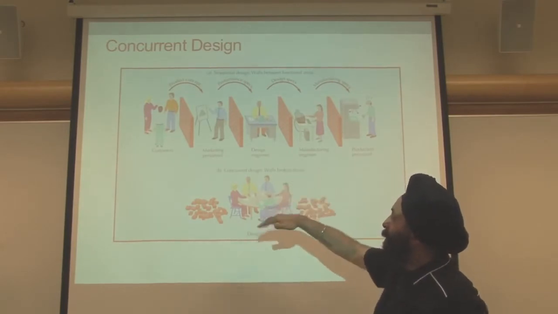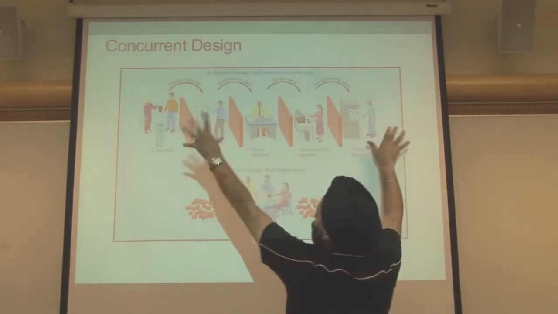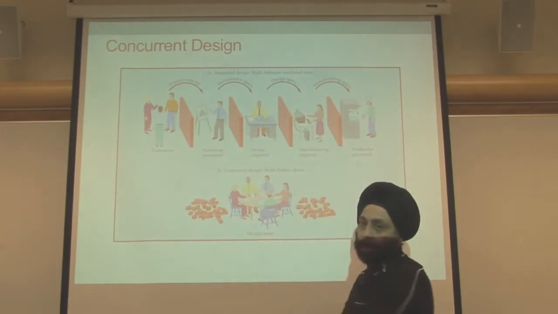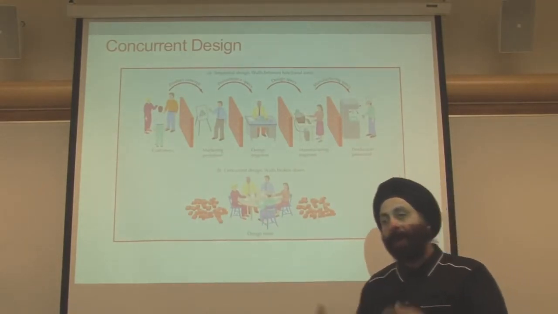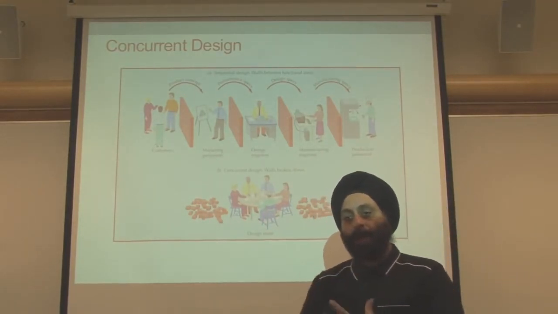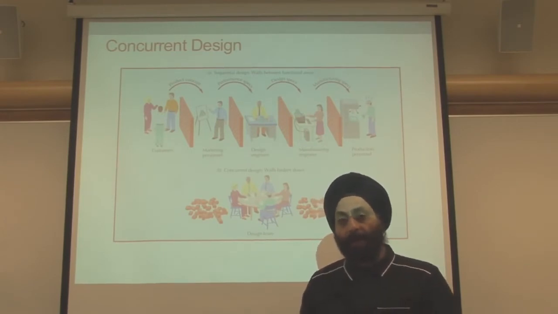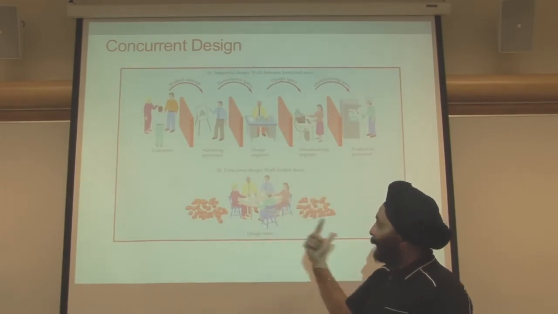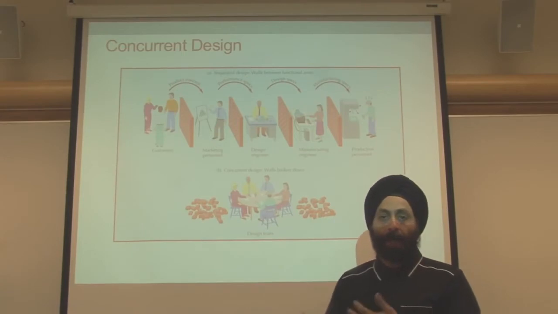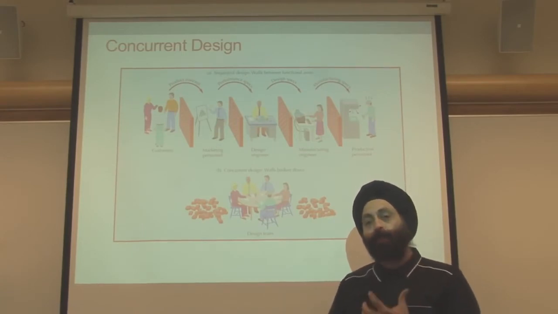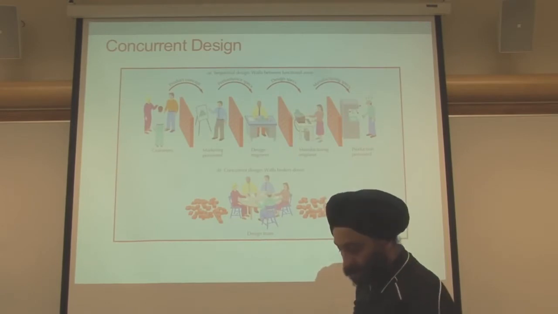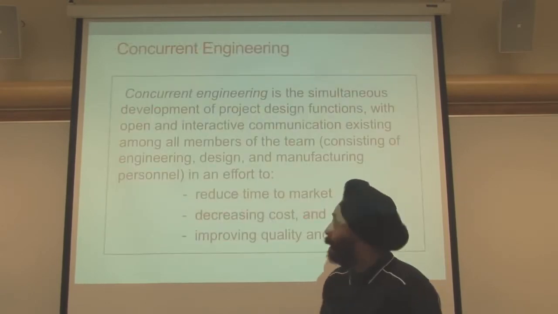In concurrent design, you bring all these parties to one table, face to face, or in a virtual online meeting, whatever the case may be, so that they have a synchronous environment to discuss what is needed in this revised product. This really works well in that scenario.